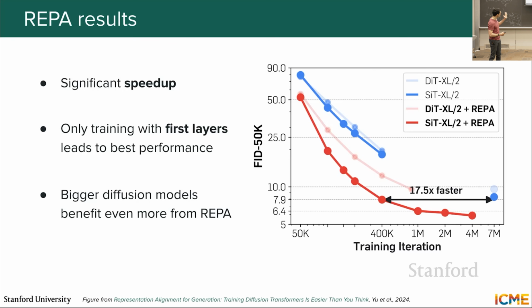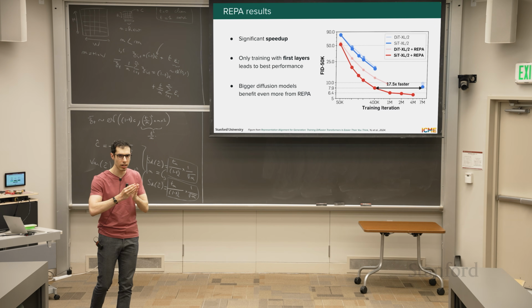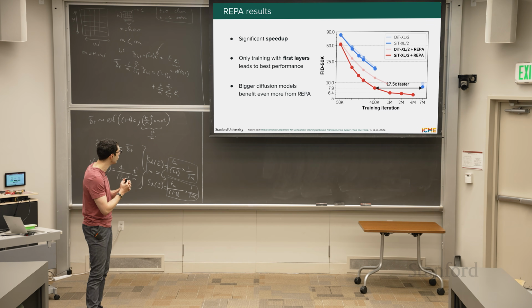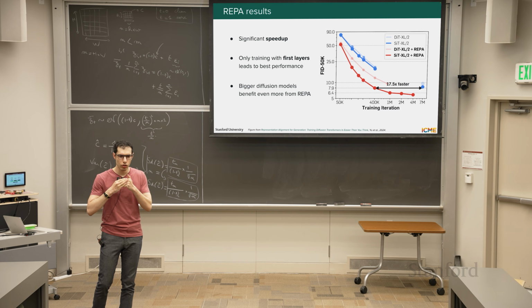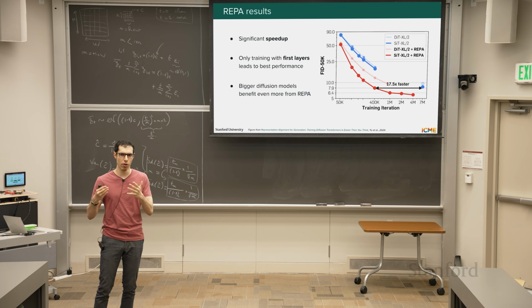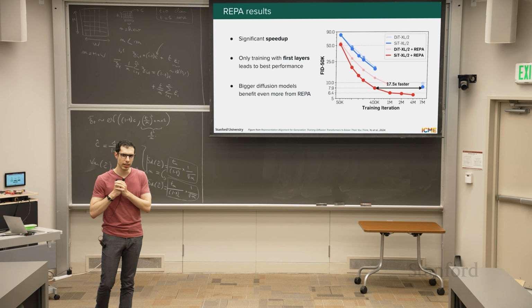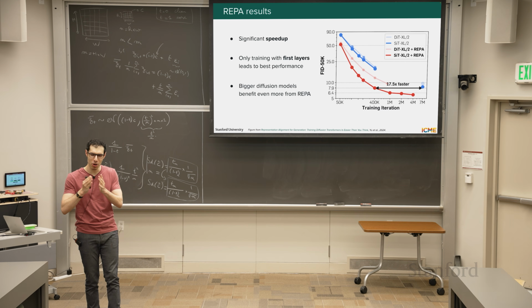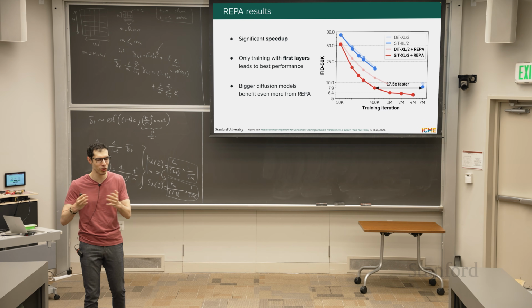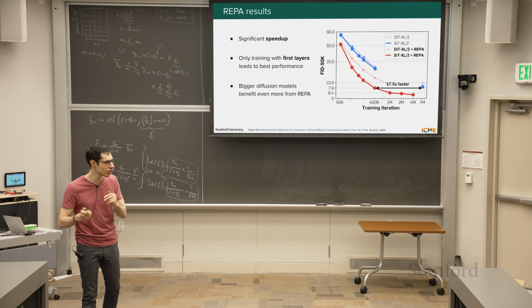This graph represents some measure of how good your images are as a function of the training iteration. And what the authors did was they tried a bunch of things. They tried different models, they tried different layers, so they did a lot of ablation studies.